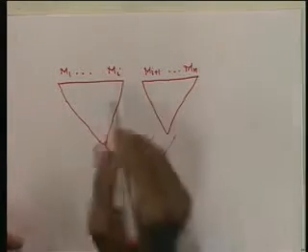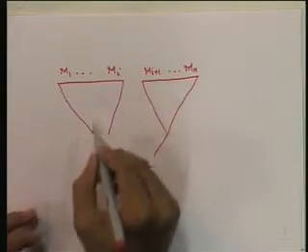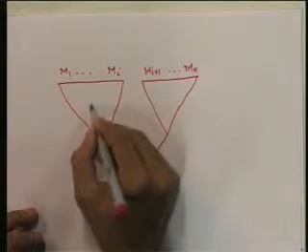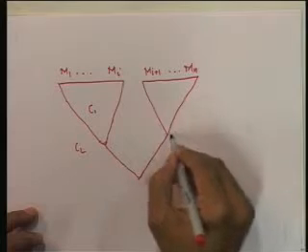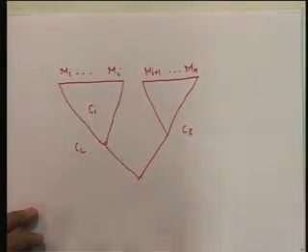So, this has some cost, let me call it CL, and let me call the cost of this CR. So, what is the cost of this entire tree?